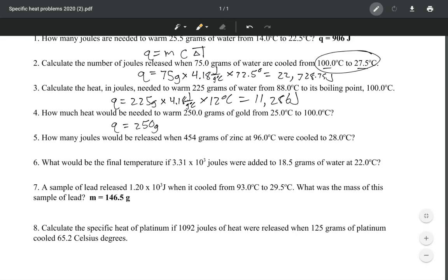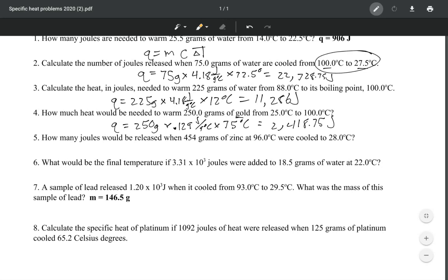And problem number 4, it wants to know how much heat would be needed to warm 250 grams of gold. And so if you check on the front of your reference tables, you'll find the specific heat of gold is 0.129 joules per gram degree Celsius. We're going from 25 to 100, so that's a change of 75 degrees Celsius. So we multiply that out, and we get 2,418.75 joules.